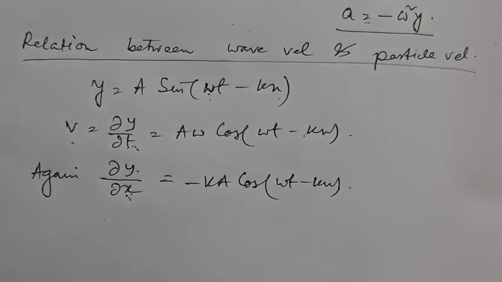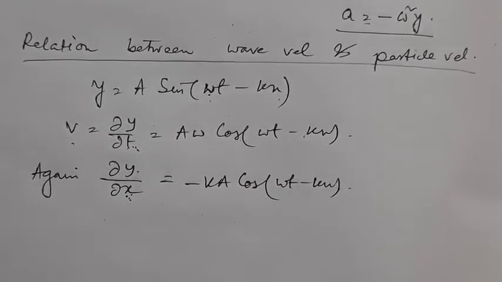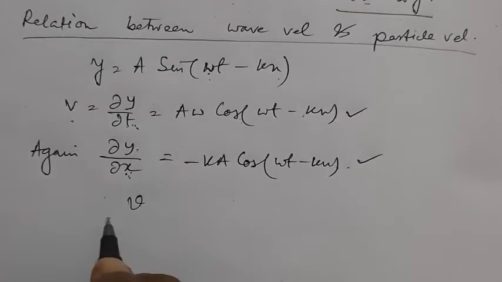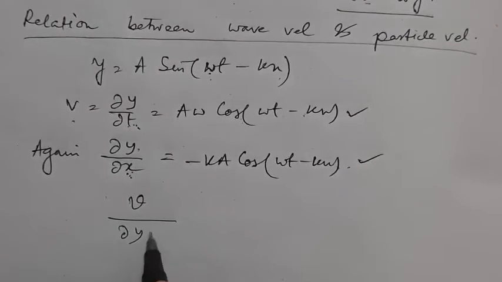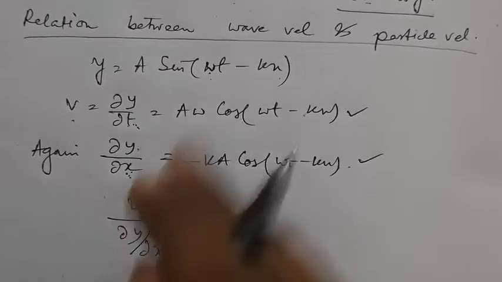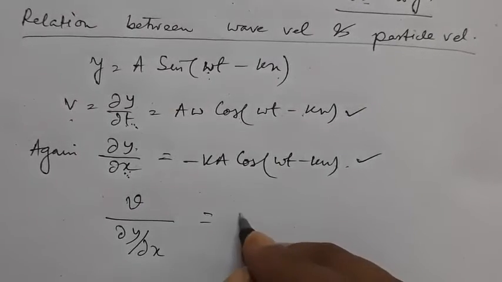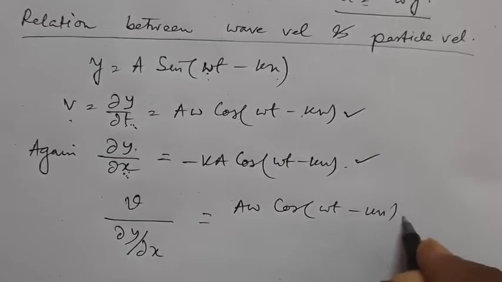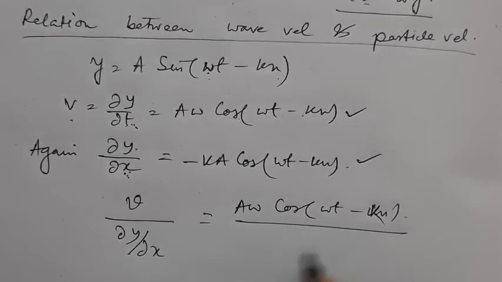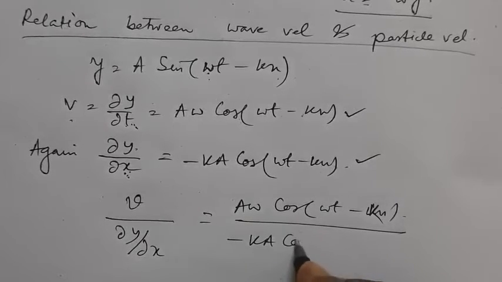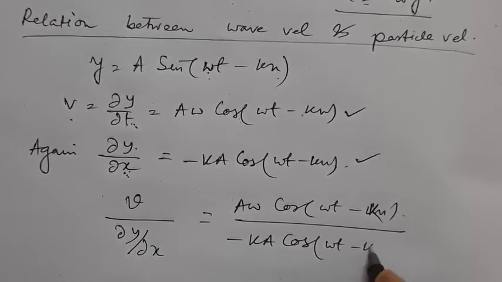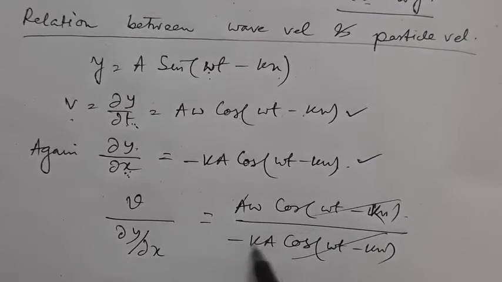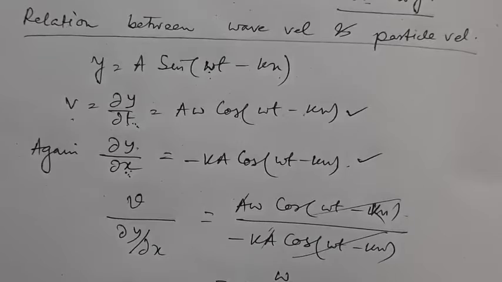Now if we divide these two equations, we can write v by del y by del x. We get a omega cos of omega t minus kx by minus ka cos of omega t minus kx. So cos of omega t minus kx cancels, a and a get cancelled, so it becomes minus omega by k.